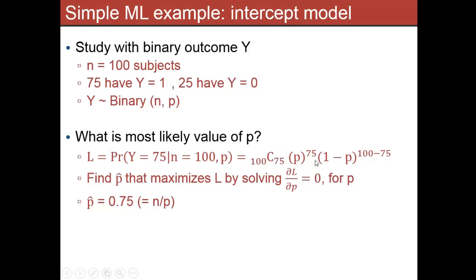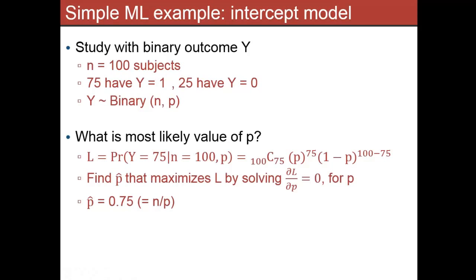Okay, so in biostatistics, you were usually given the p, and you had to say what's the probability of all this occurring. You would say it's a fair coin, so p is 0.5, and we're going to have 75 heads. What's the probability of seeing 75 heads? That's one direction of thinking about this.